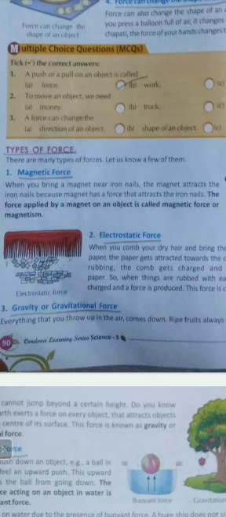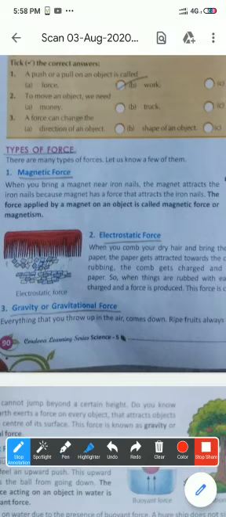First, we will discuss about magnetic force. Now, magnet is a substance which attracts iron nails.